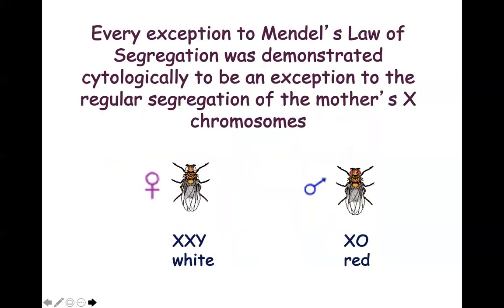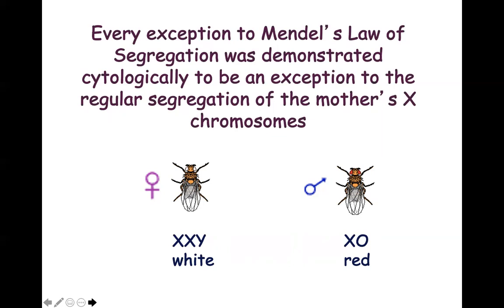And so what they could do now, because we had microscopes, is look at the cells of the flies and realize that the flies had an abnormal number of chromosomes. They could follow the chromosomes from generation to generation, and then follow the eye color, the red or the white, and these impossible flies that existed.